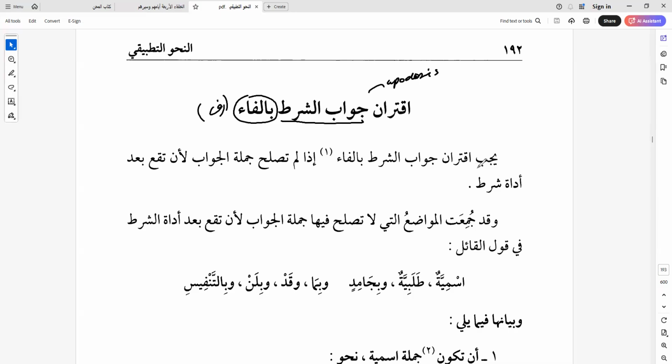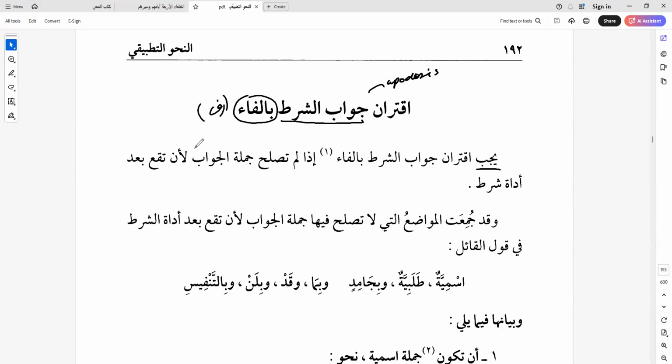So the writer is saying, يجب اقتران جواب الشرط بالفاء. He said it's required. It's essential that you pair the جواب الشرط with fa إذا لم تصلح لجملة جواب لأن تقع بعد أداة الشرط. If it is not appropriate for the جملة جواب.